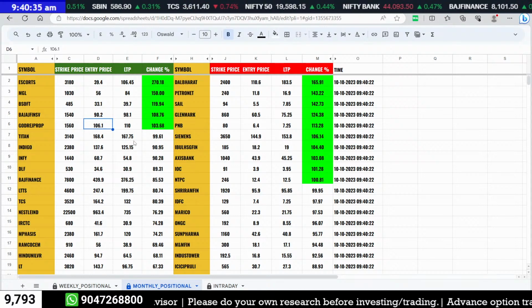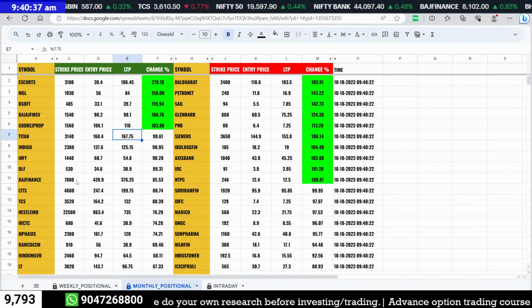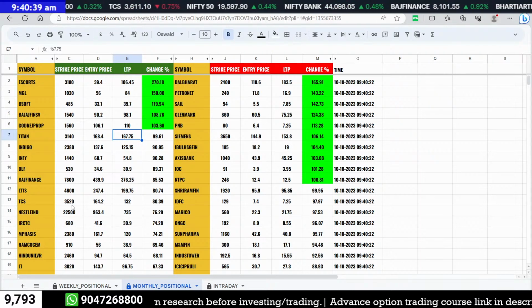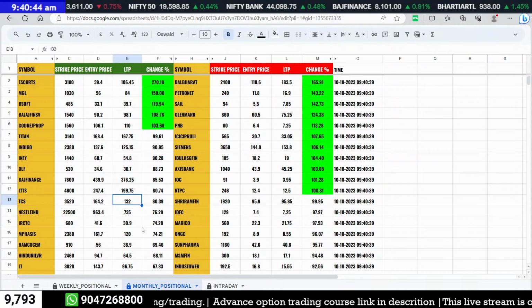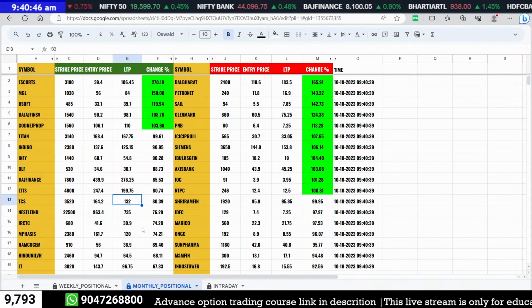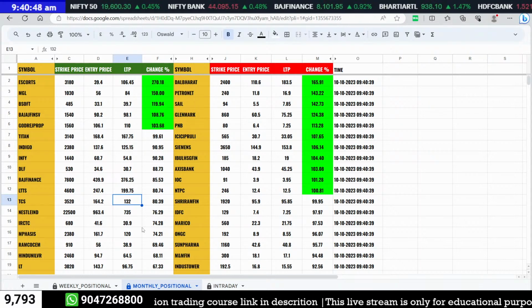I think Titan is nearing, but it may not be traded. In Indigo, Infosys, TCS, which triggered yesterday, now it is lower. And tomorrow is the result, I think, TCS. And these are all the stocks put triggered.